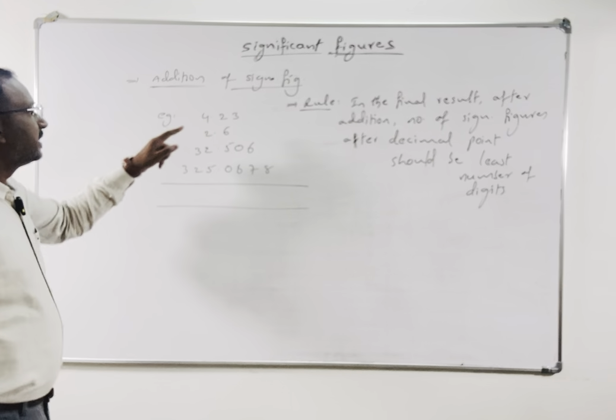After decimal point, we have two digits here. After decimal point, we have one digit. After decimal point, we have three digits. After decimal point, we have four digits here.